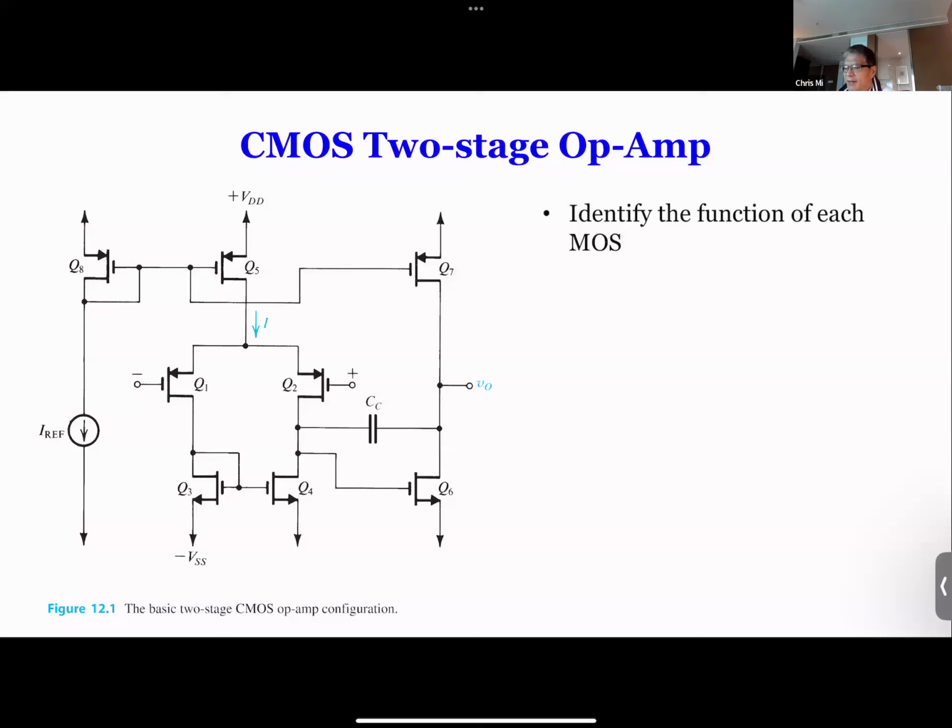Okay, so now we should be able to go to the next slide. Well, we already identified Q1, Q2, and Q6 as amplifiers. If you look at the other circuit here, you probably already noticed that we have a current source. If you look here, what happens here? That is a current mirror.